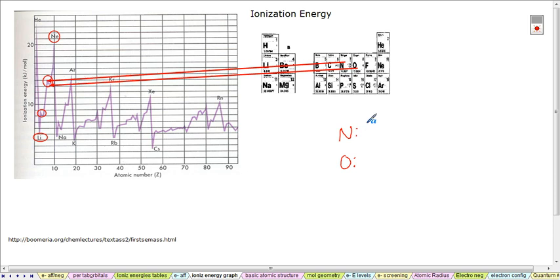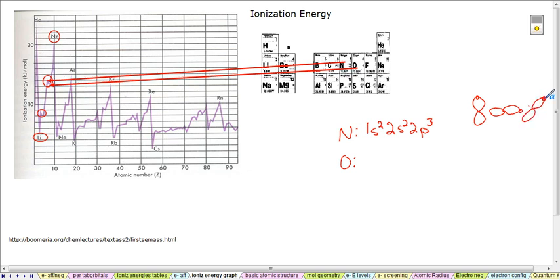Nitrogen has an electron configuration of 1s2, 2s2, 2p. Now there's 7 electrons to worry about, so 2p3. What this tells us is that there is one electron in each of the p orbitals.